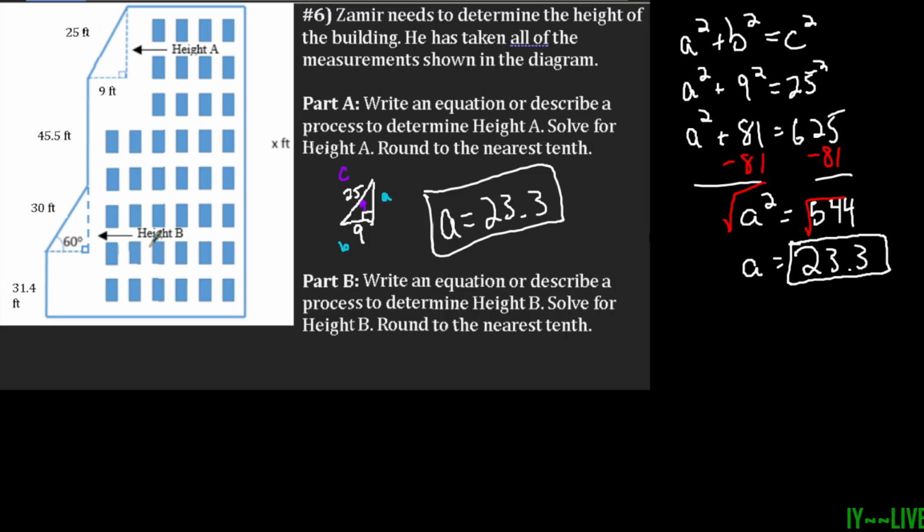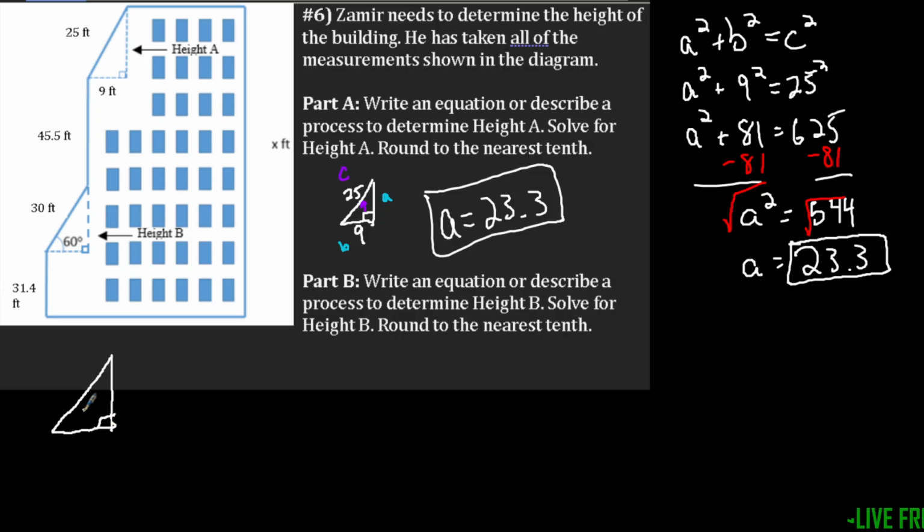All right. Same kind of idea for part B. We're going to say write an equation or describe the process to determine the height of B, and then solve for the height B, round to the nearest tenth. So same exact idea. I need to be able to solve for this height B. It's a little bit different because we actually have an angle now, so I'm not going to use the Pythagorean theorem. I'm going to use a trig function. So I'm going to draw my little triangle down here so I can do it on my own.